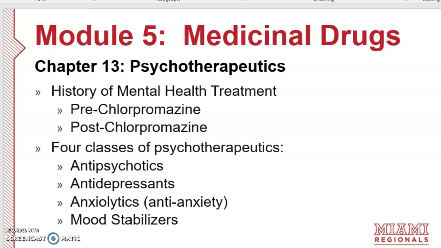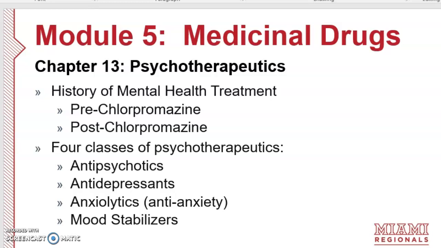That's talking about treatments that happened for mental health prior to 1954, and then how mental health treatment changed after the discovery of chlorpromazine from 1954 and beyond. You know, love psychotherapeutic drugs or hate them, they have absolutely revolutionized the way that people are cared for and treated in terms of relief from mental illness.